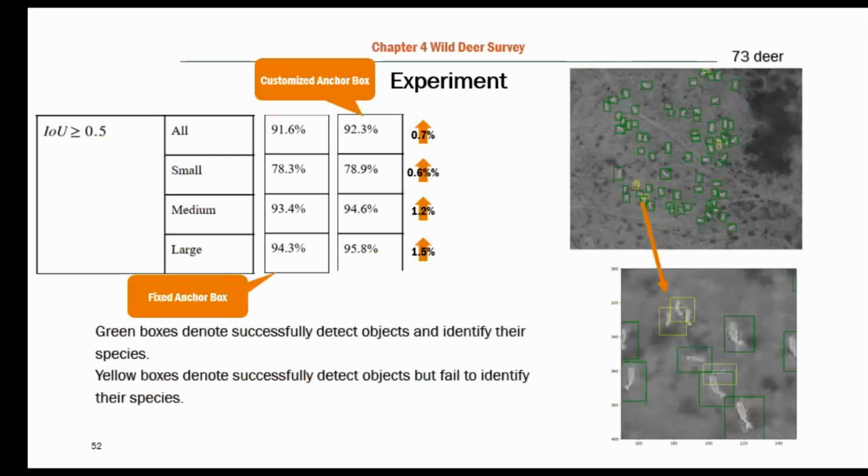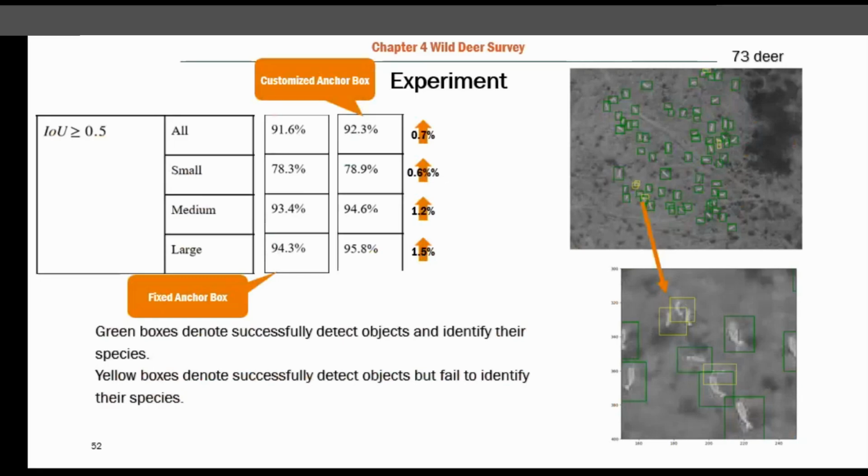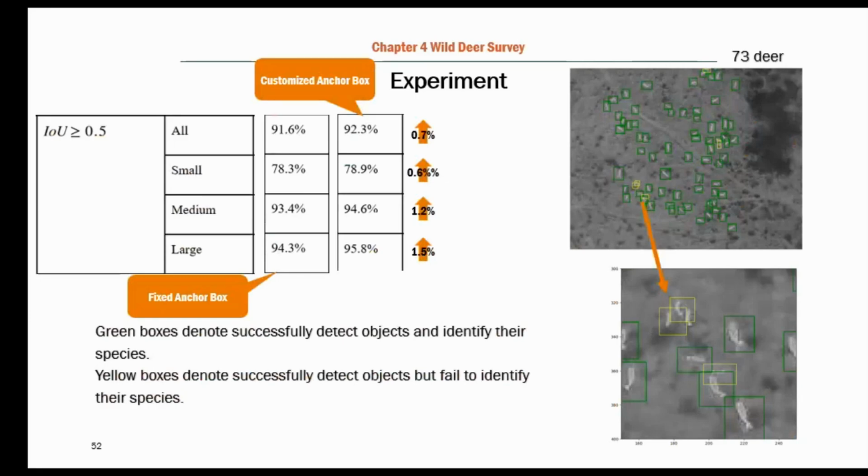For example, this image contains 73 objects, presenting a significant challenge for current object detection models. The model using the customized anchor boxes and ResNet 152 can successfully detect all the objects, but only fails to identify 4 object species.